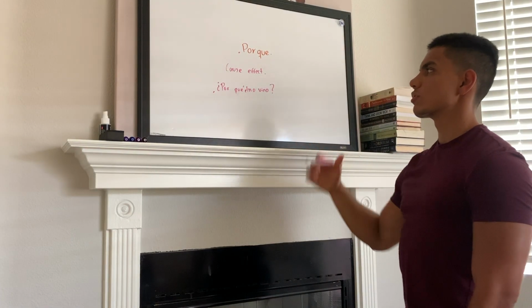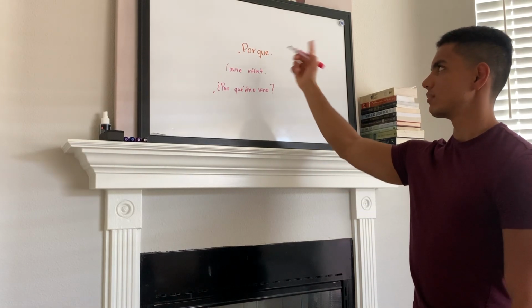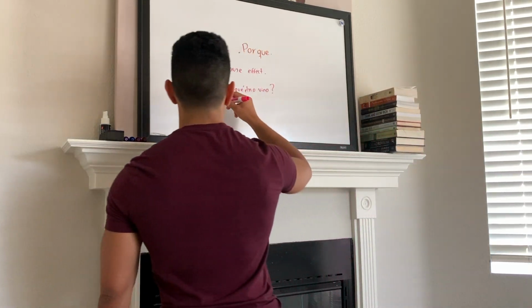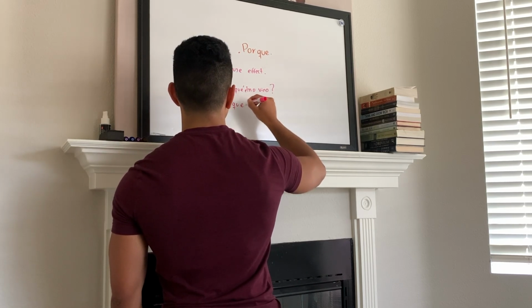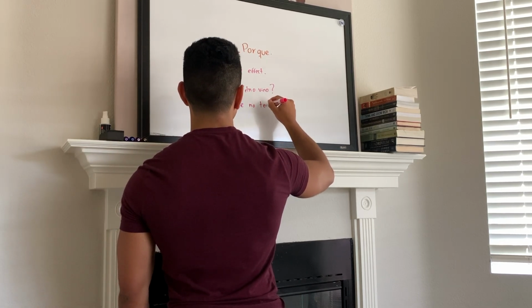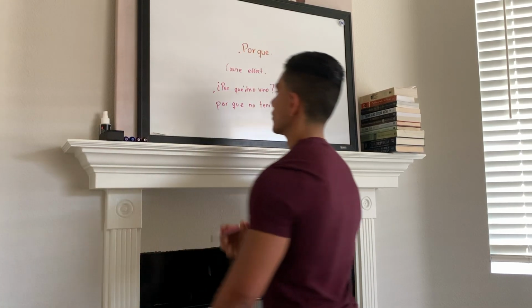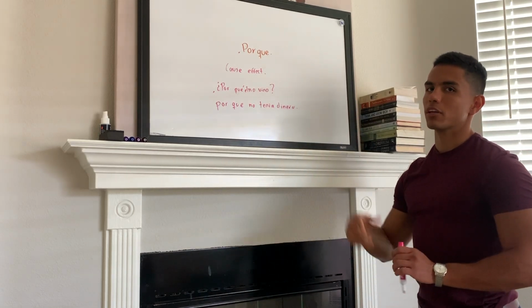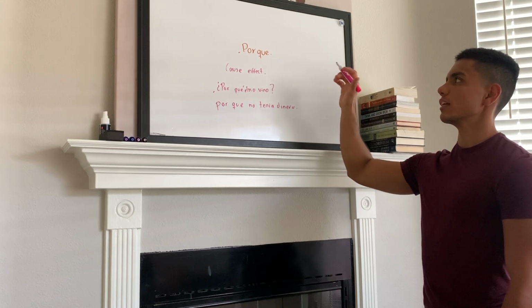So this is the question: ¿por qué él no vino? And the answer will be: porque no tenía dinero. Because he didn't have any money. So just keep that in mind. This one is for answering.